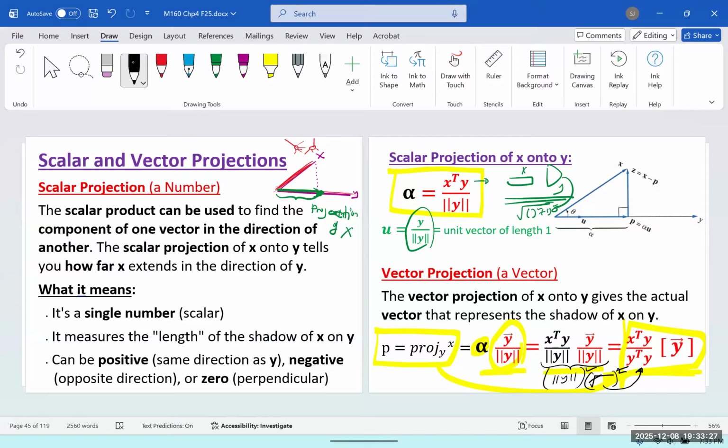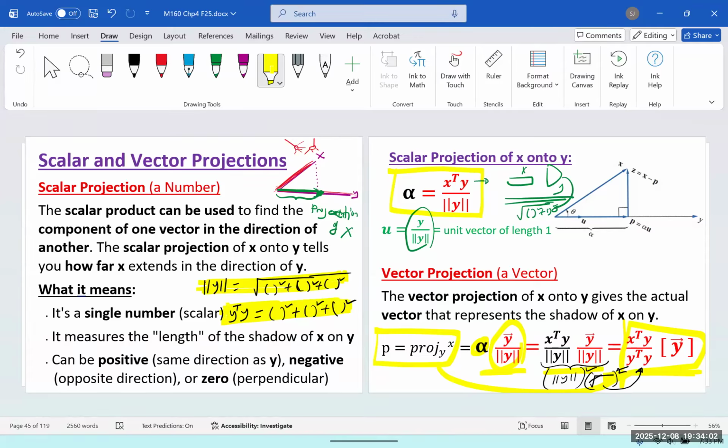Now, what's the difference? The norm of y is the square root of the sum of each component squared. But the dot product is the same, it just doesn't have any square root. The norm has a square root in the formula, but the dot product of the vector doesn't have any square root.